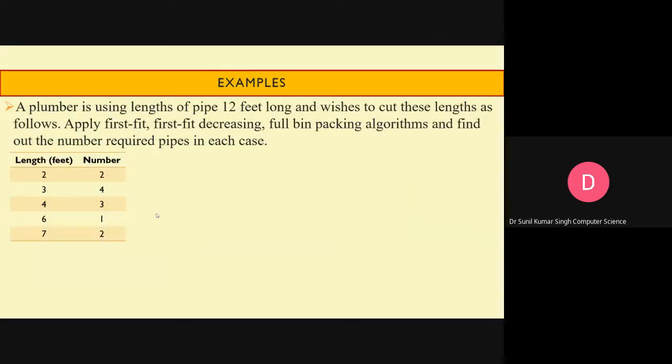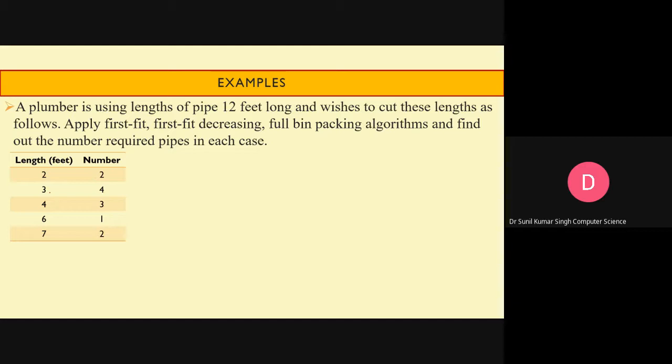Now let's take an example. This is related to an engineering problem. A plumber is using lengths of pipe 12 feet long and wishes to cut these lengths as follows. How many 2 length pipes are required?